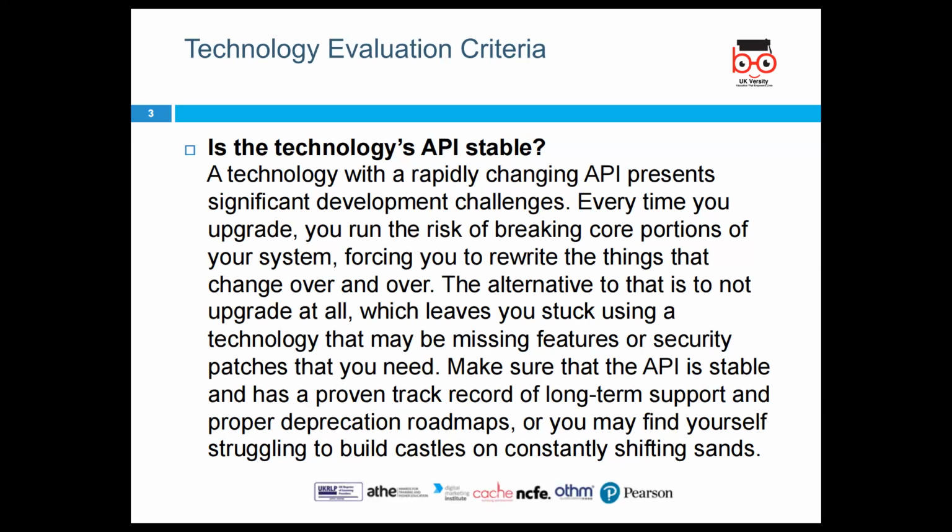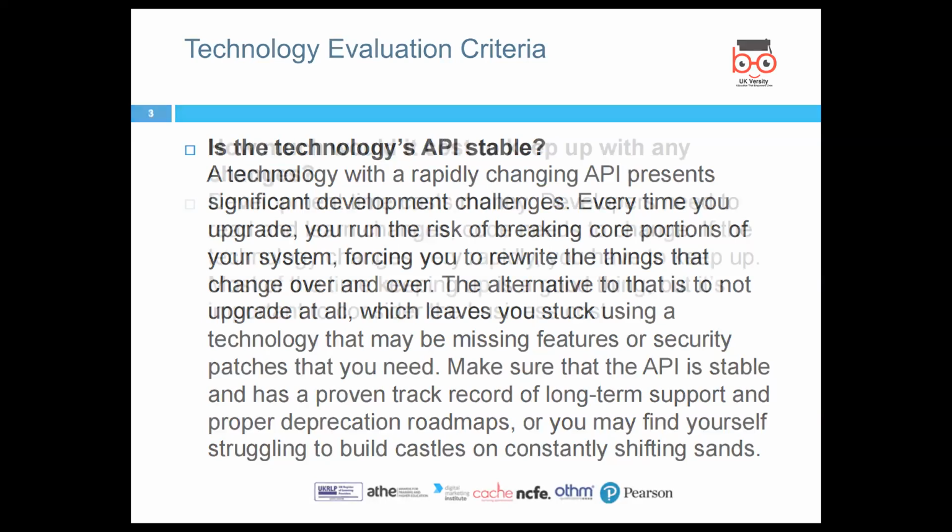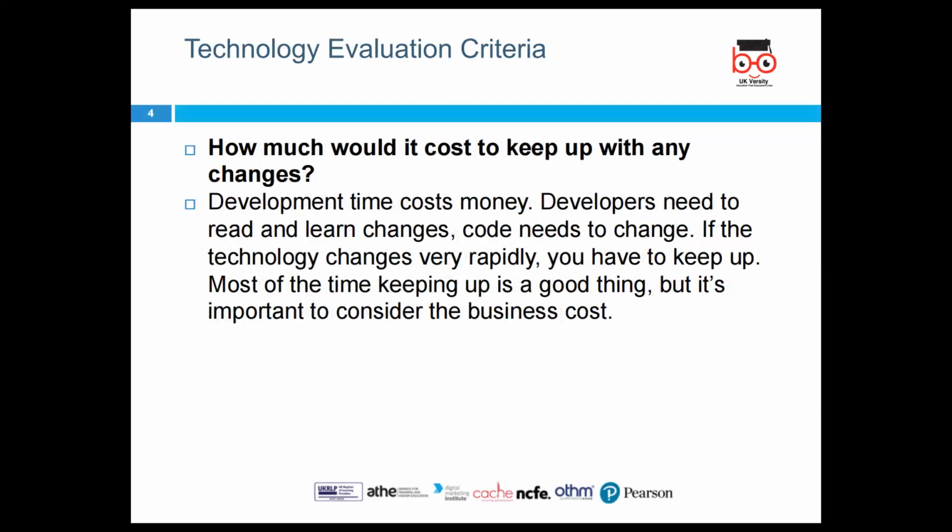Alternatively, if we do not upgrade at all, we will be stuck using technology that might be missing great and trending features, or even security patches that we will need. So it is really important to know what position we are in and how we can progress.